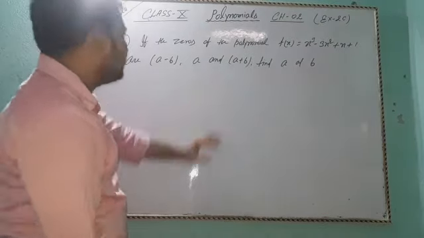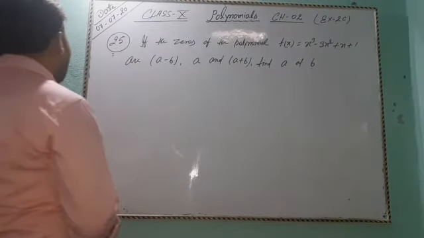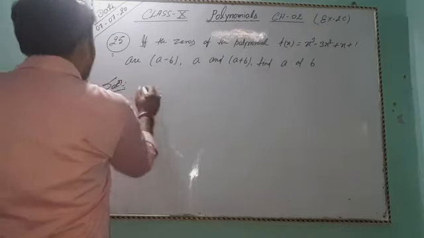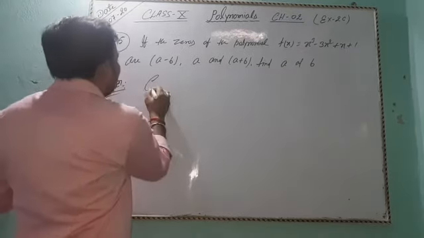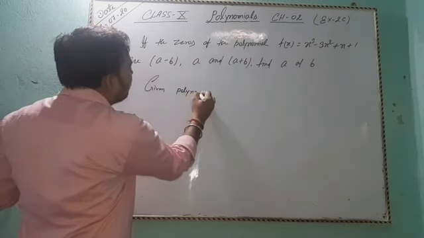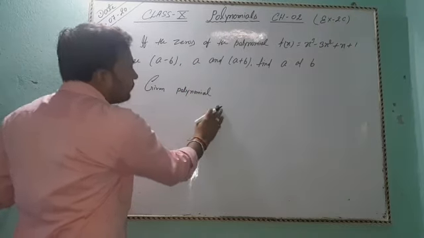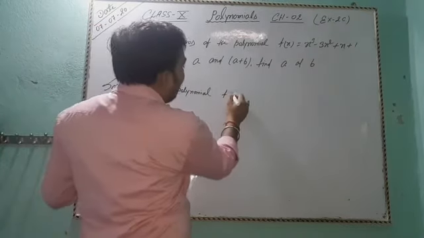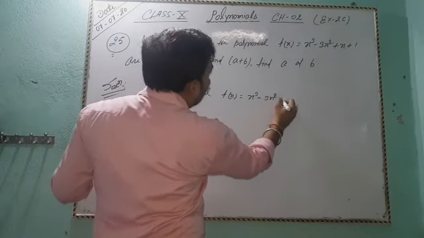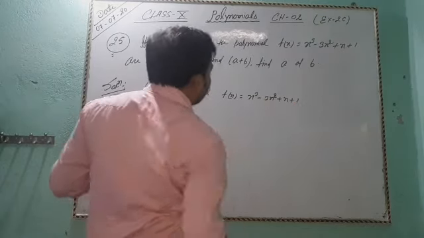Okay, so let's start. Given polynomial f(x) equal to x cube minus 3x square plus x plus 1.